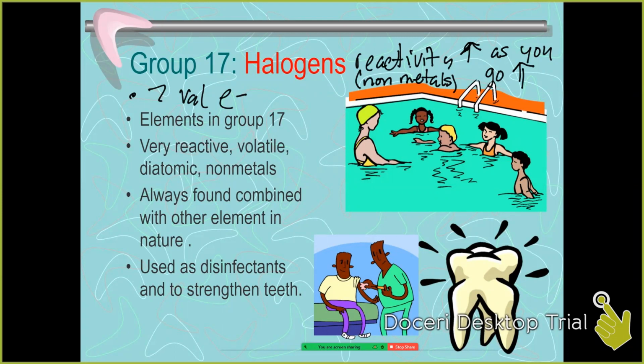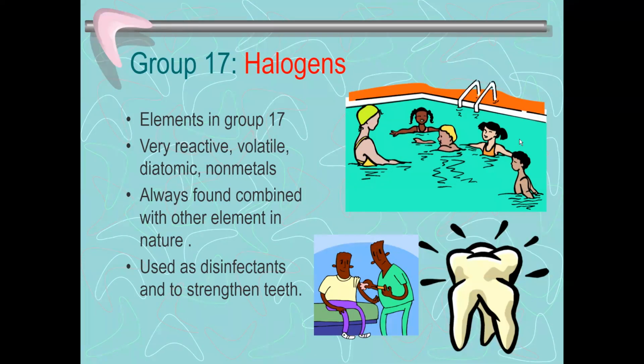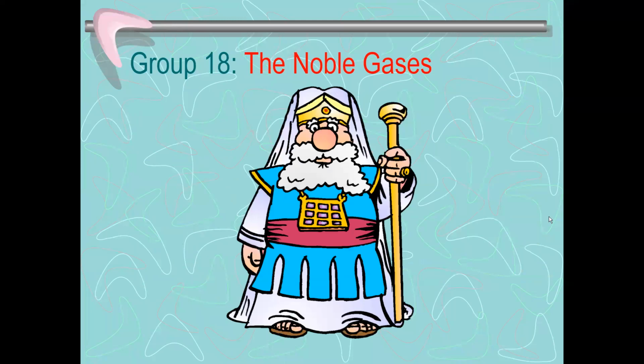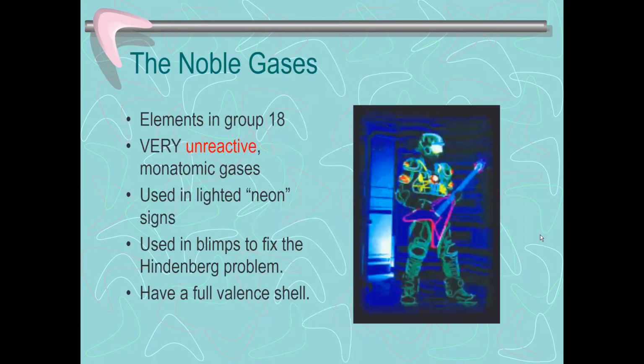And then last but not least, as far as groups go, we have our good old noble gases. Group 18 is our noble gases, called that because they don't want to react with anything. They want to just be by themselves. I guess that's how nobility would want to be. They're very unreactive and they're monoatomic gases, meaning they can be stable as just one atom.